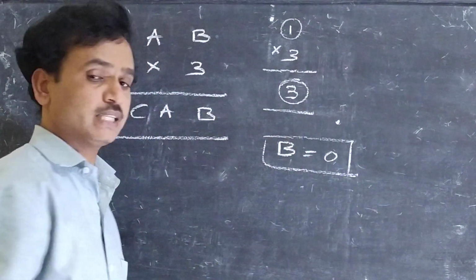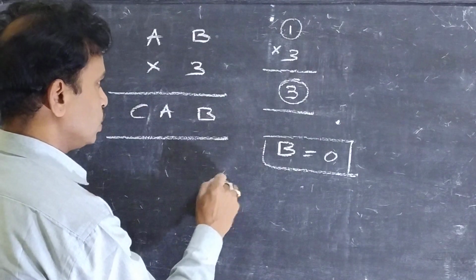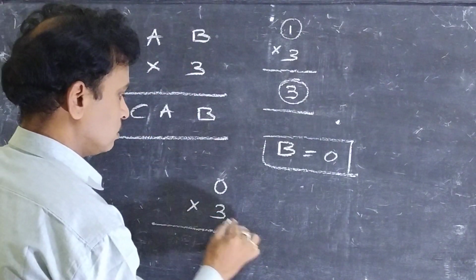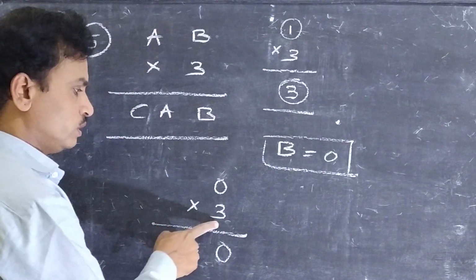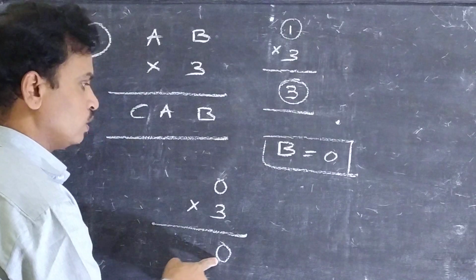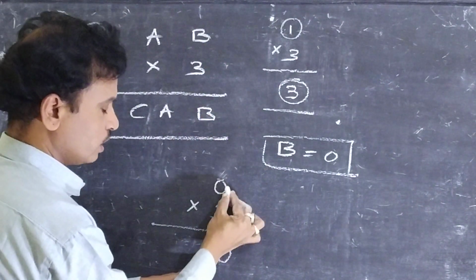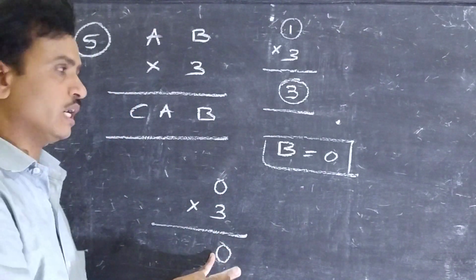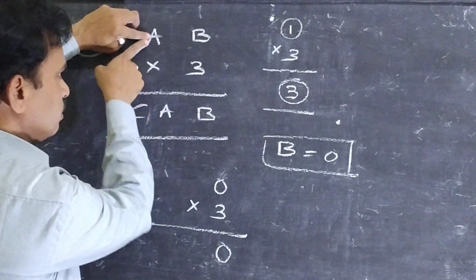If you take B is equal to 0, then take 0 into 3. 3 into 0 is 0. Now see in this question, here also B, here also B. Now here we are getting 0, here also 0. Then it is correct.